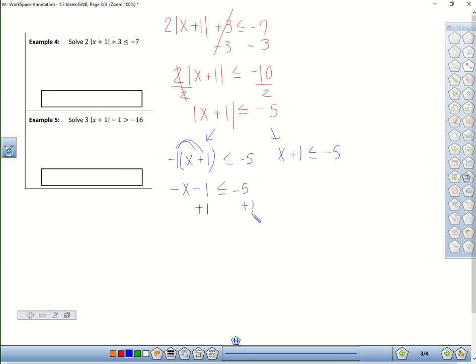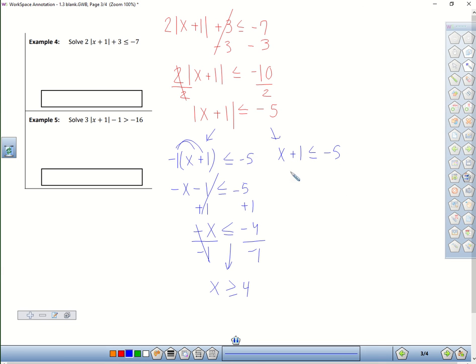I'm going to add 1 to both sides. That gives me negative x is less than or equal to negative 4. Divide both sides by that negative 1. Remember, when you divide both sides of an inequality by a negative, or you multiply, it's going to change the direction of the inequality. So I'm left with x is greater than or equal to 4.